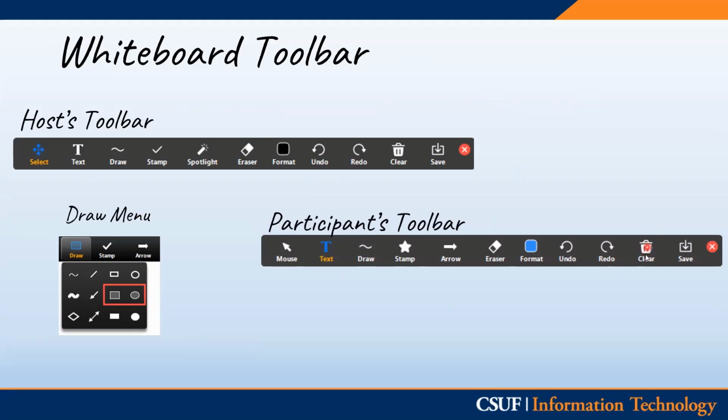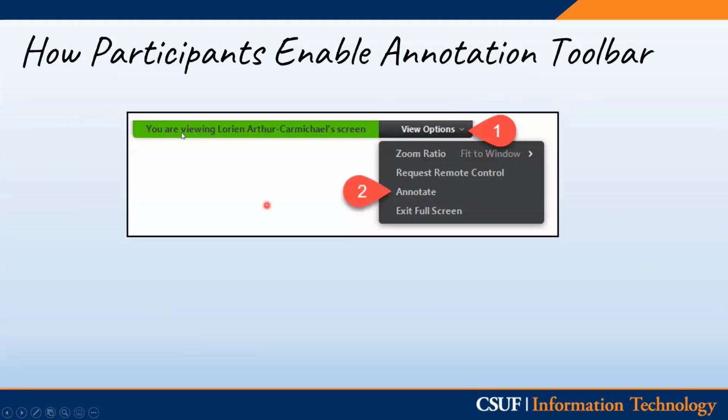For participants, their clear is only ever going to involve their own drawings. So they'll be able to clear their own drawings. They won't be able to clear anybody else's. So when participants need to annotate, it takes a couple seconds to find that option. So for a host, when you start screen sharing, the annotate is just a button that's up in your main toolbar there, and it's very easy to find.